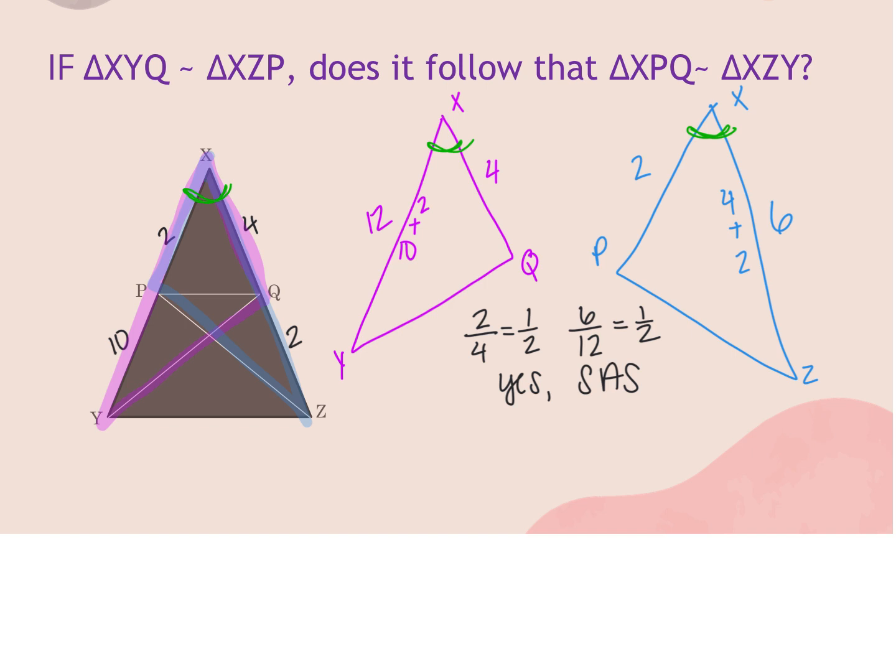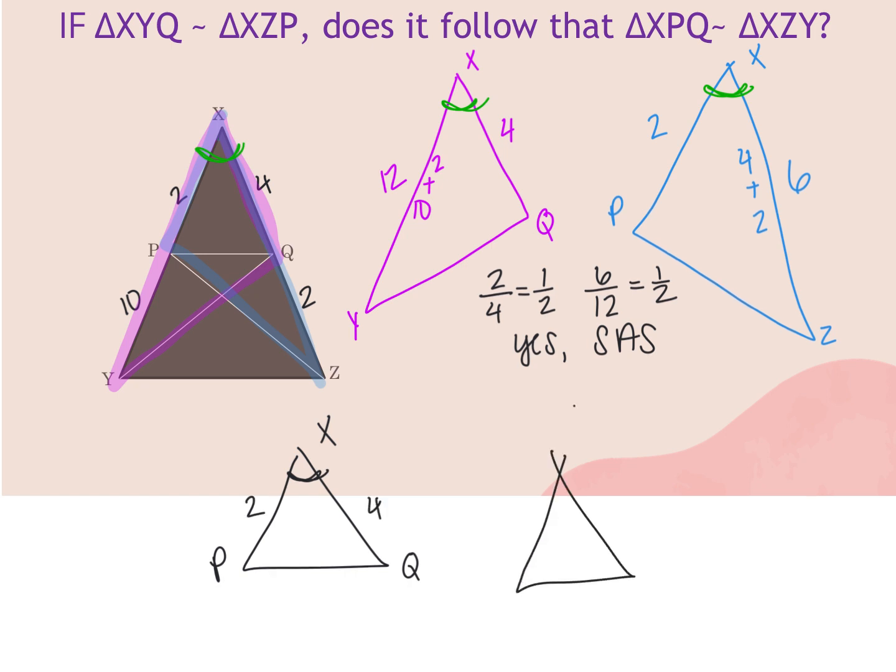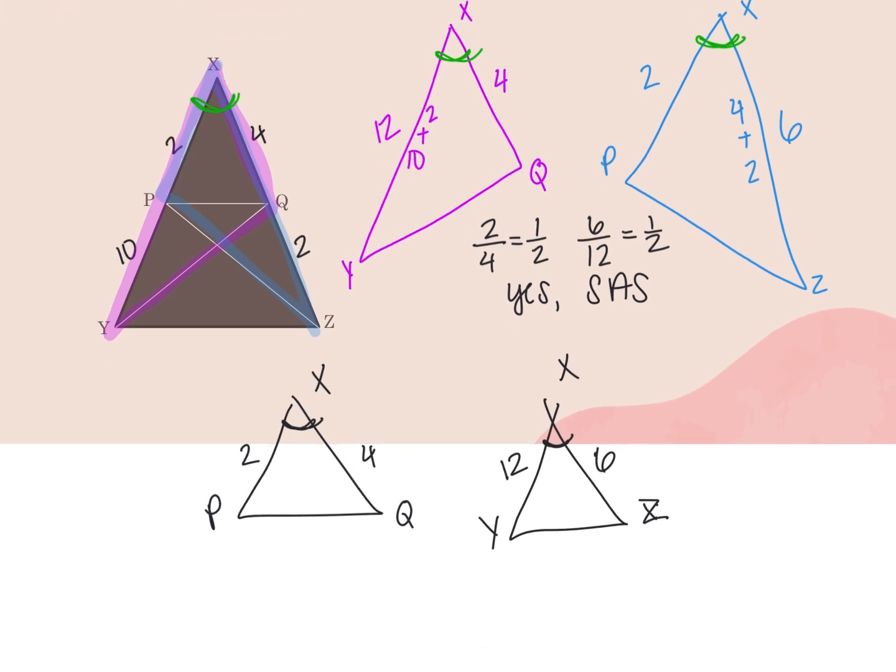All right, and they also asked, does it follow that XPQ is similar to XYZ? So let's go ahead and draw that one. XPQ. So this is congruent, and this is 2 and 4. And X, Y, Z. And this is also congruent, and this is 12 and 6.